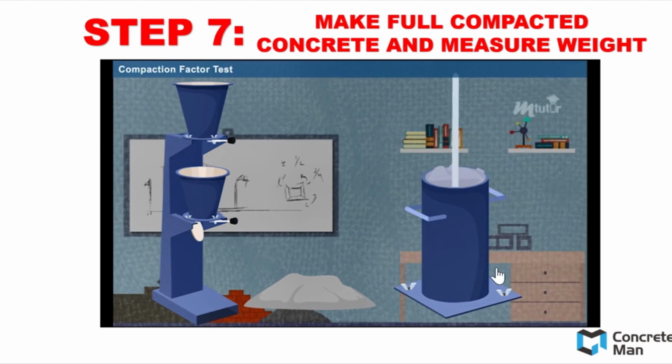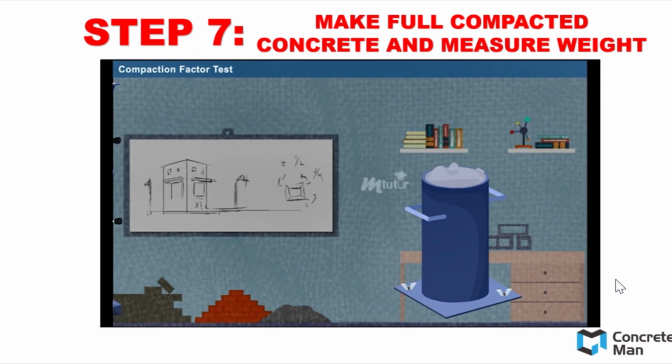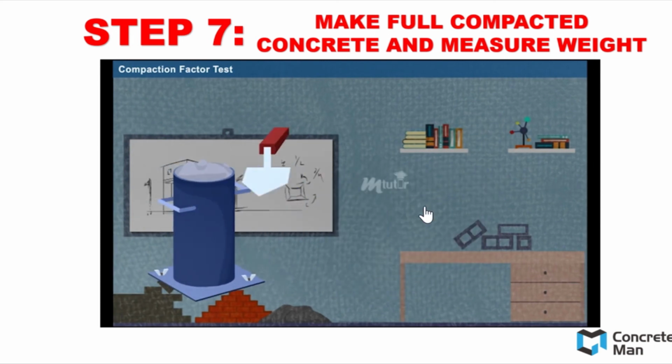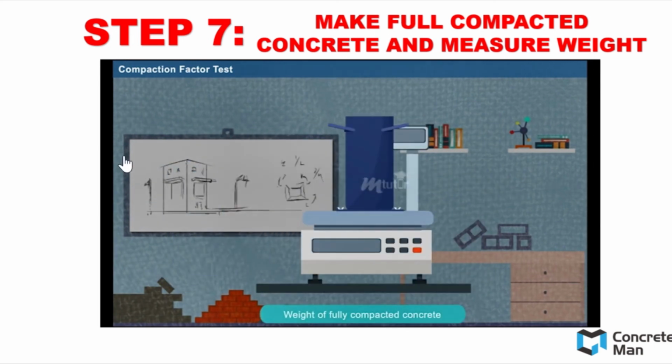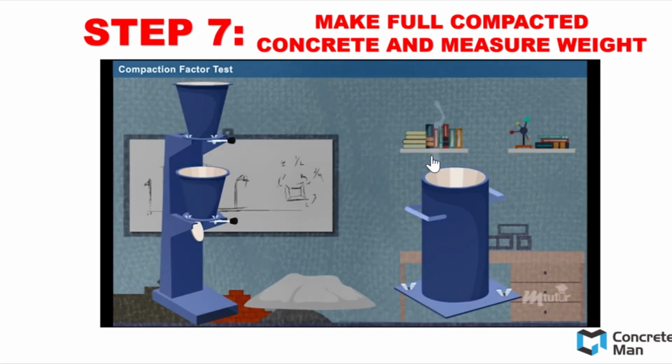Each level you need to compact 25 times. So you compact one level 25 times, second level 25 times, third level 25 times. Once you have compacted, level the top concrete and weigh your cylinder with the fully compacted concrete. Measure it as W3, and you are going to use it in your calculations later.